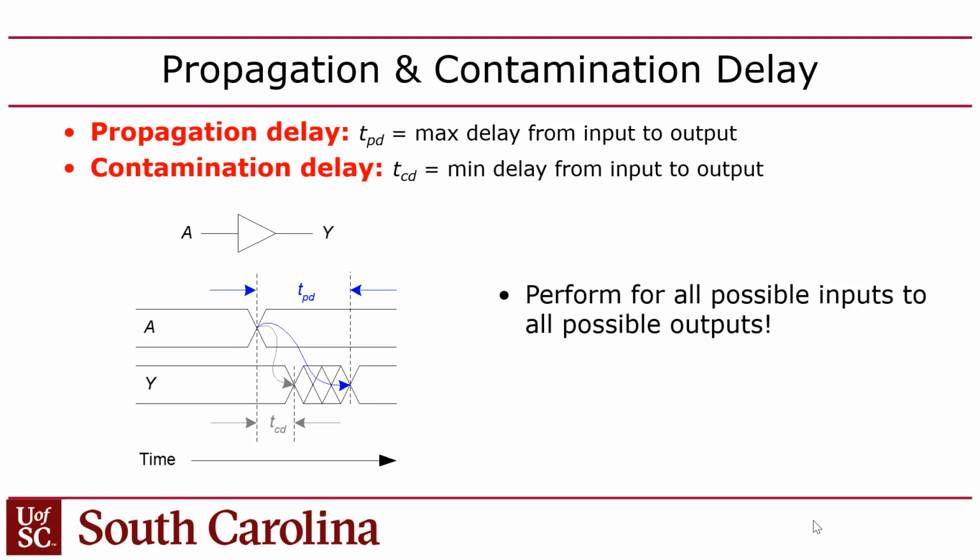So it's a range of values, actually. The value can change anytime from the time you change the input plus the contamination delay to the time you change the input plus the propagation delay. That's the range of times that the output is considered unstable, right? It's potentially changing any time during that range of times, right?